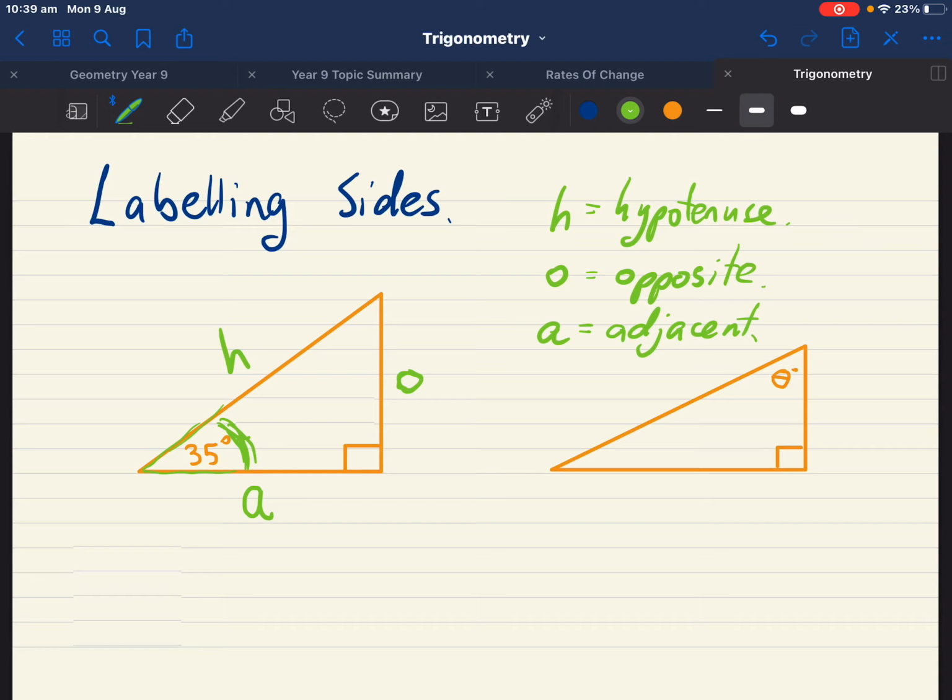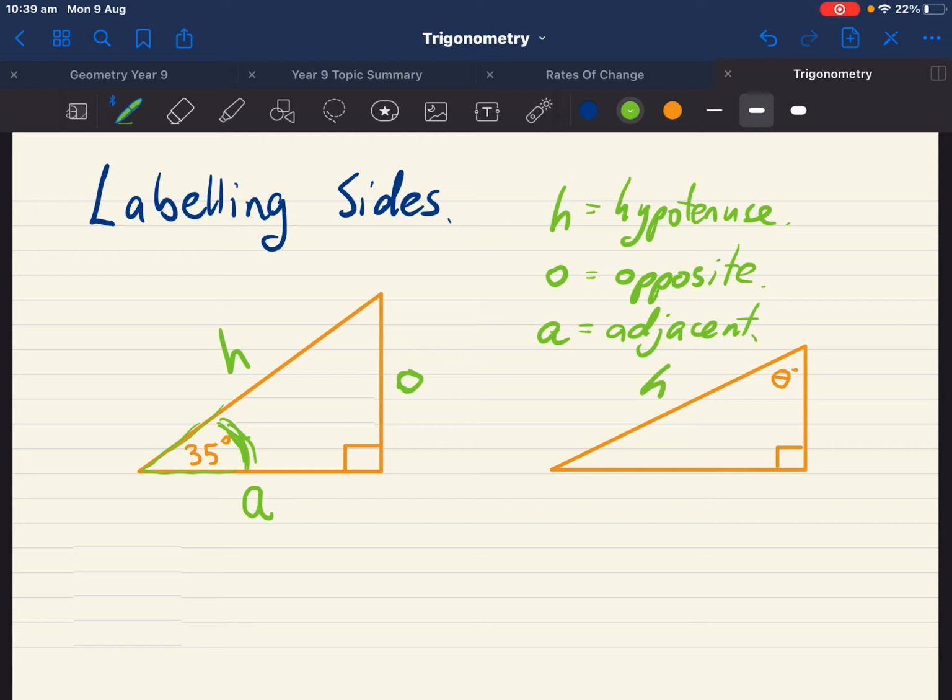If we look over at this second triangle that's been put here we can see the included angle has been put in a different spot. We actually don't know the size of this included angle. Let's just use the symbol theta. How do we label the three sides? Well, again, I would always start with the hypotenuse, the longest side, the one that is opposite the right angle.